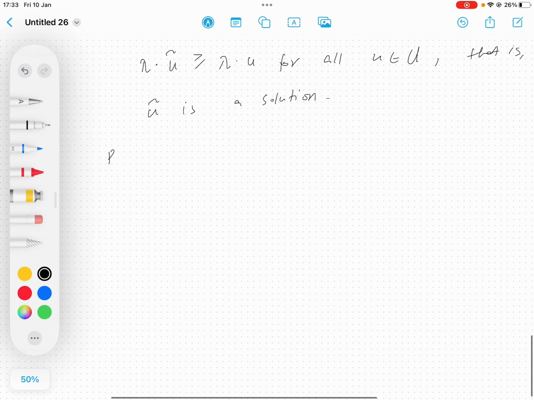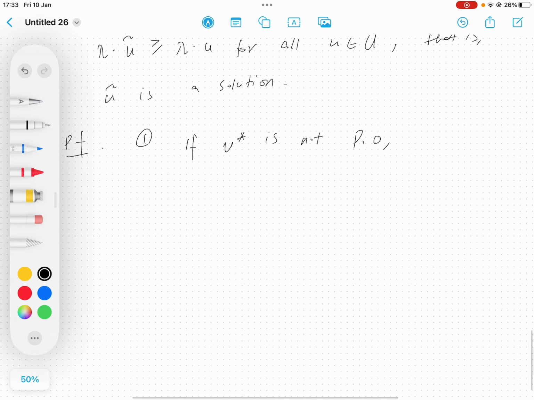So let's prove this. The first part will be pretty straightforward. If U star were not Pareto optimal, I'm going to use contradiction again, then there exists some U where this U is greater than or equal to U star, the original solution.